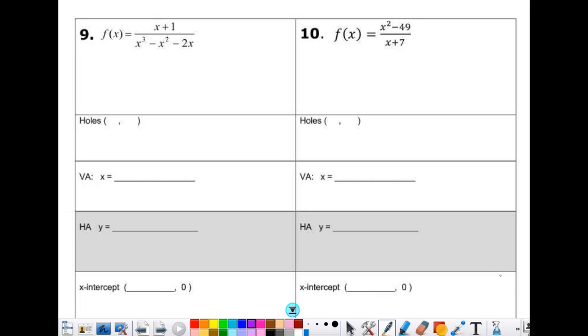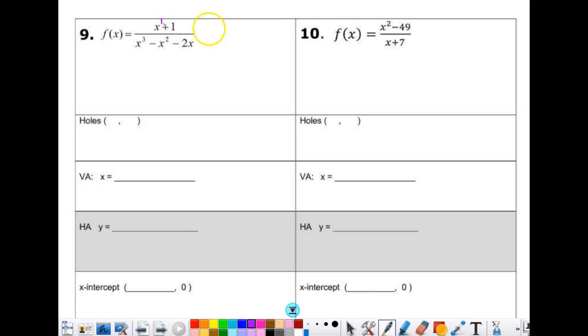Okay, so what's the first thing we do? Horizontal asymptote. Okay, horizontal asymptote. How do you find the horizontal asymptote? What do you look at? You look at the degrees. Okay, this degree is a 1, this degree is a 3. You look at the degrees, the first ones.